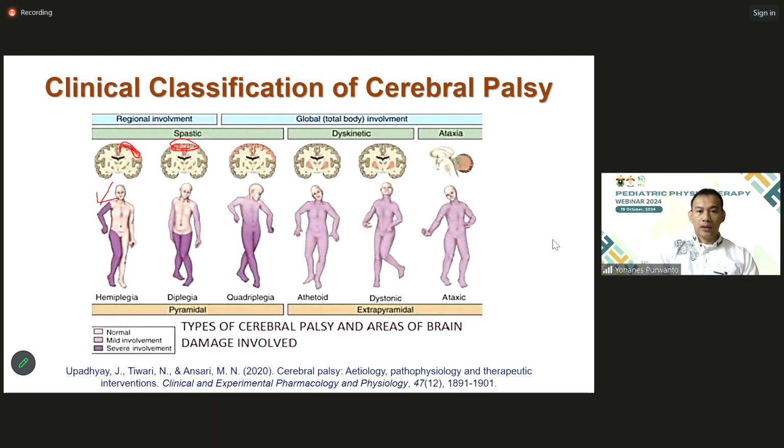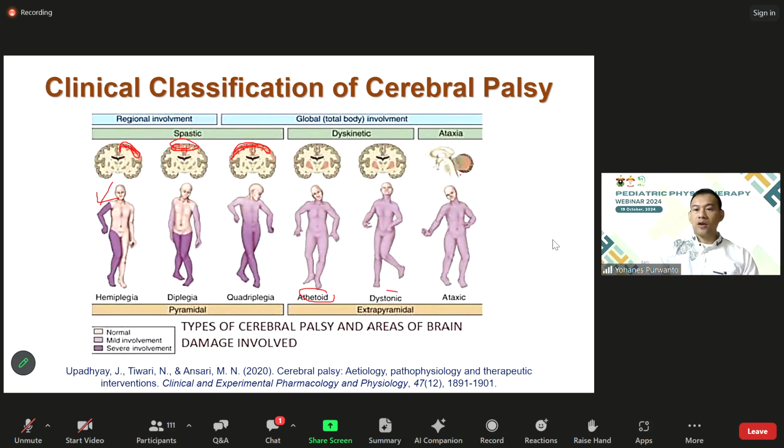A wide lesion of the bilateral cortex is quadriplegia. A problem of the basal ganglia becomes athetosis and dystonic, and a lesion of the cerebellum makes ataxic cerebral palsy. So I think this is the common classification of cerebral palsy.